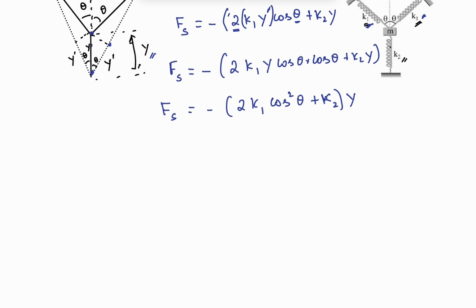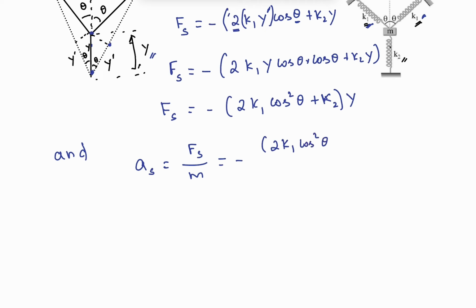From there, by comparing, I can write the restoring acceleration. F is equal to ma, simply, nothing big. The restoring acceleration is the restoring force divided by mass. The restoring force is simply 2 K1 cos square theta.